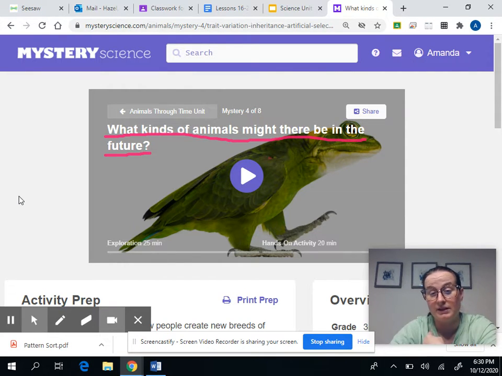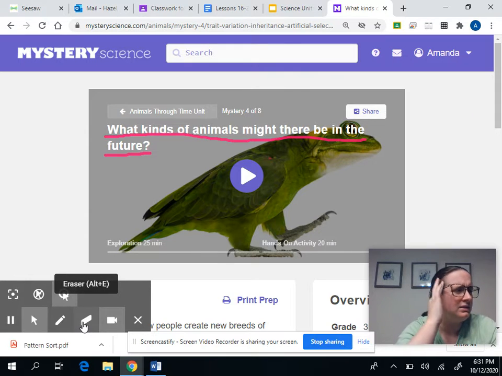Humans. We weren't alive yet. So dinosaurs could have never probably imagined that something like humans would ever be alive. So we're going to kind of think, what animals might there be in the future? What type of animals might there be in the future?